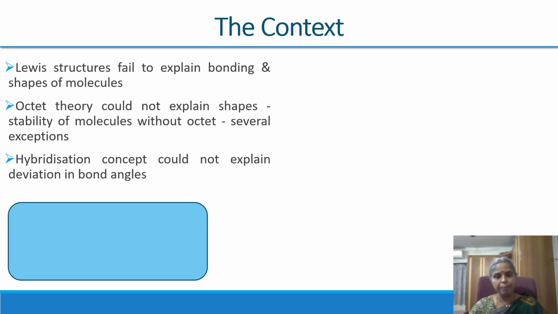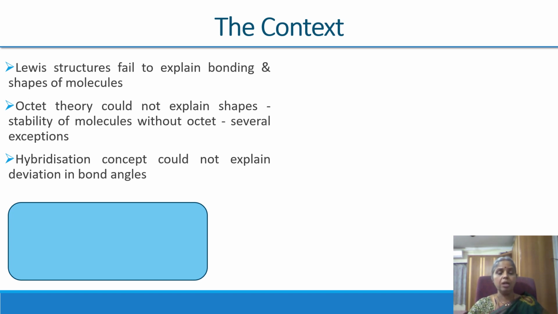Now, what about hybridization? Hybridization to a large extent could account for many of the structural features, as well as the reactions and the chemical and physical properties, but deviation in bond angles could not be explained by the concept of hybridization.